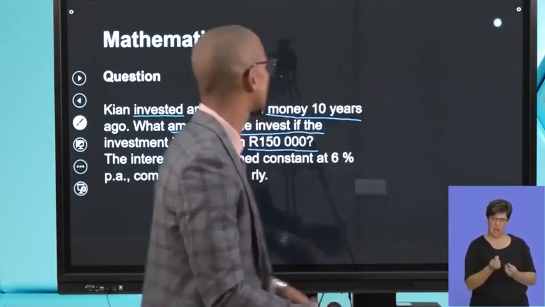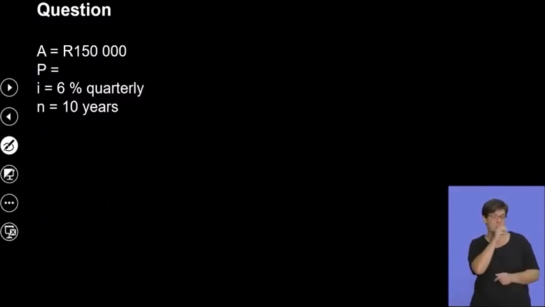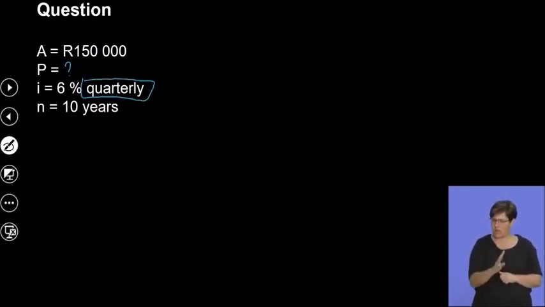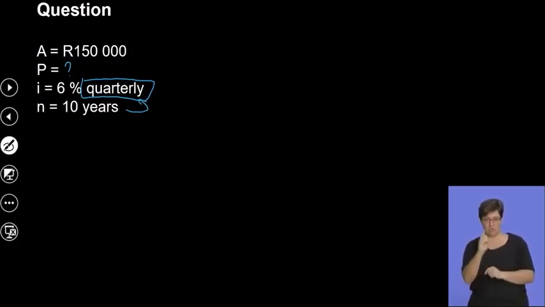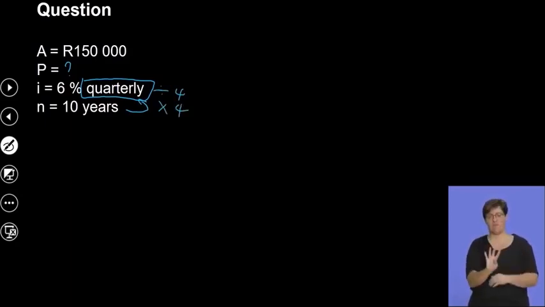So let's see what exactly this means. We start with our data. We know that the value of A is 150,000 and the value of P is the unknown. The value of i is 6% quarterly. I am emphasizing quarterly because you need to take into consideration how it is compounded. The duration was 10 years, and that is also quarterly. If it was compounded quarterly, I'm going to divide by 4 there, and here I'm going to multiply by 4.